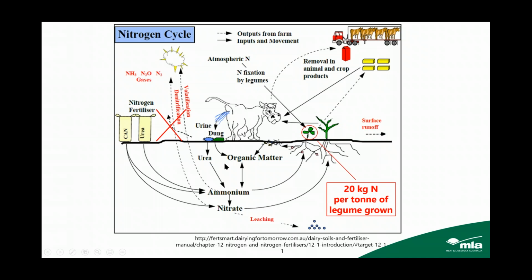Now, of course, the other big input that we're not talking about today, but I always put it in a talk like this: for every tonne of legume you grow, there's about 20 kilos of nitrogen being fixed and entering the system. Some of that will rot down, some of that will enter the mouth, round and round we go. All very nice. What if we wanted to see some figures?